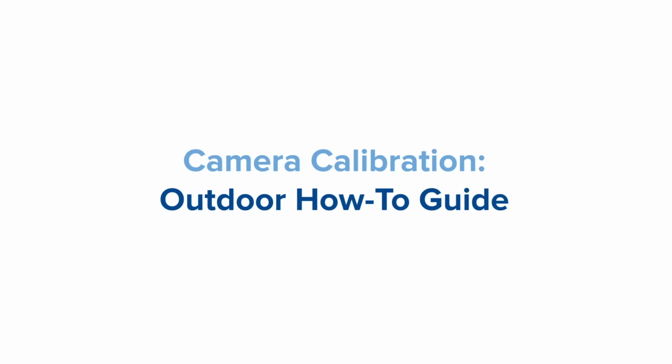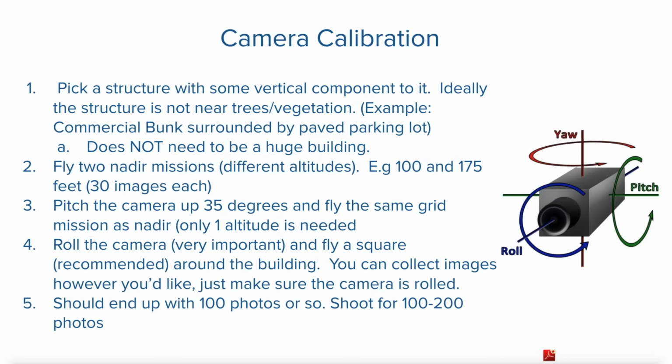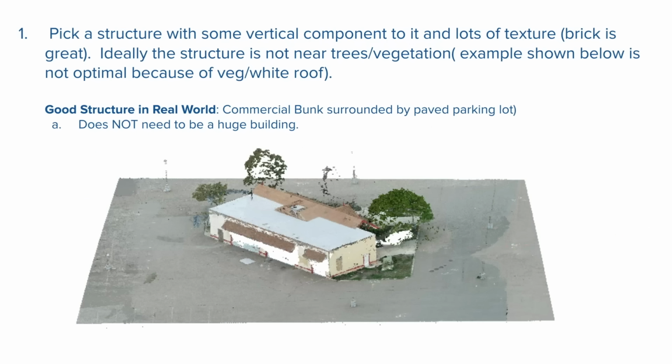But you can also improve both your RTK workflow and non-RTK workflow if you do camera calibration. We're actually working on putting together a calibration guide for everyone using CPC, and you can do it indoors or outdoors. But outdoors, it's rather simple.